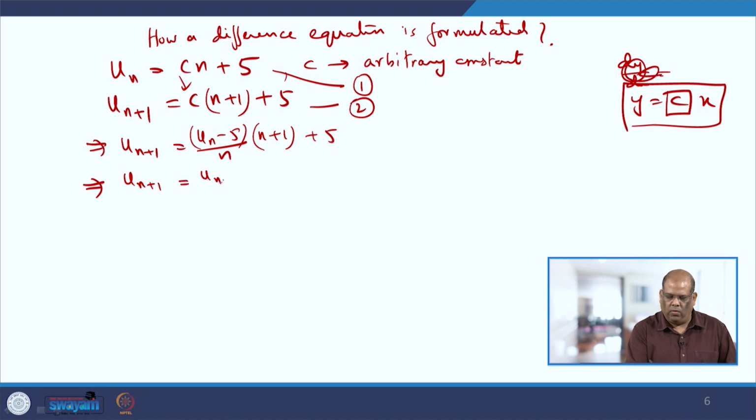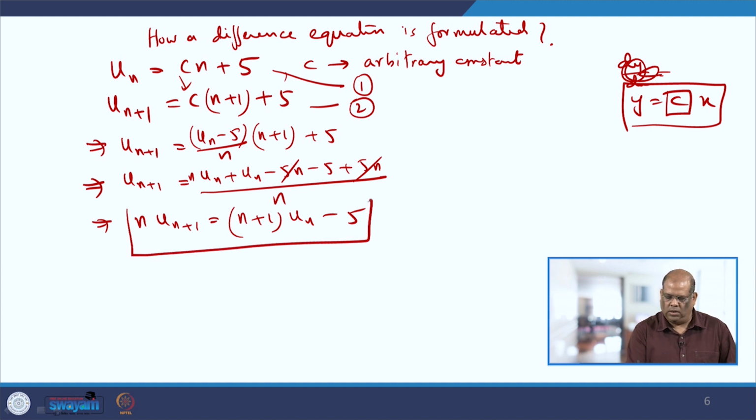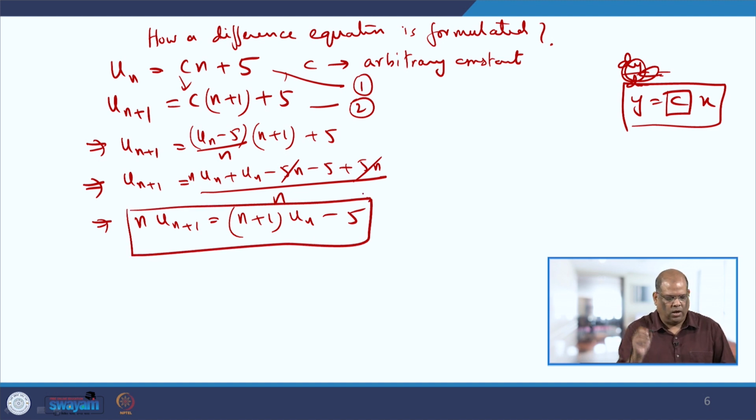So, it is u n into n plus u n minus 5n minus 5 plus 5n, divided by n. This and this cancel, and you get n u n plus 1 equal to n plus 1 into u n minus 5. So, this is a difference equation.